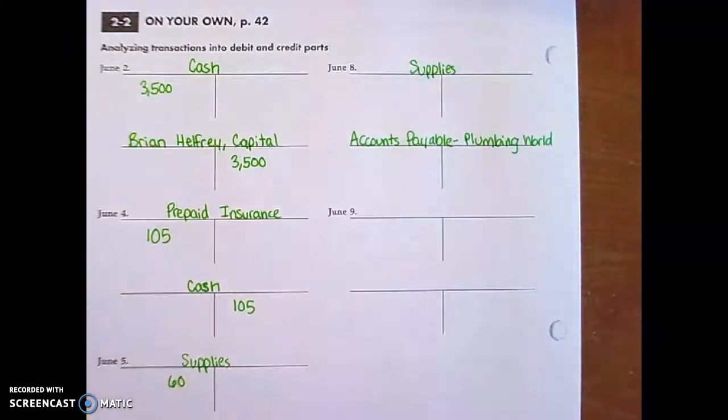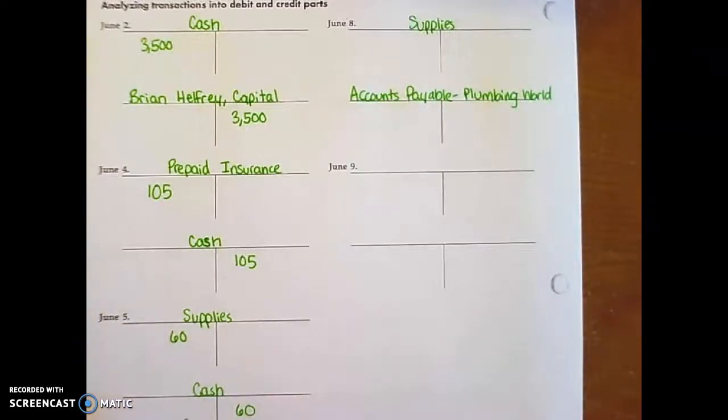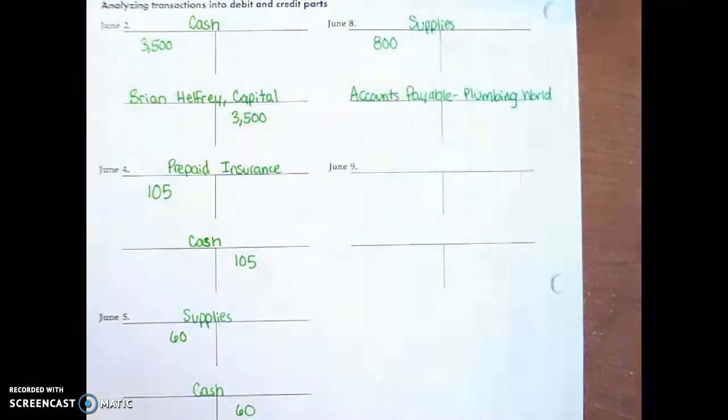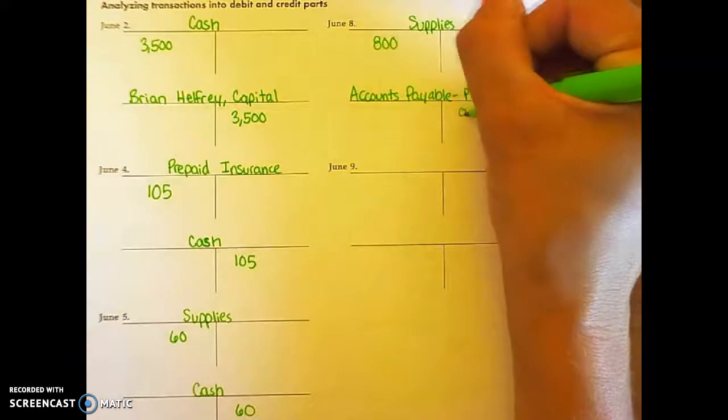Make sure you are writing those correctly. Supplies is increasing with a debit, just like when we paid cash for supplies on June 5th here. So supplies will have a debit for $800. Accounts payable is a liability. Liabilities have a normal credit balance, which means to increase our accounts payable, we need to give them a credit.